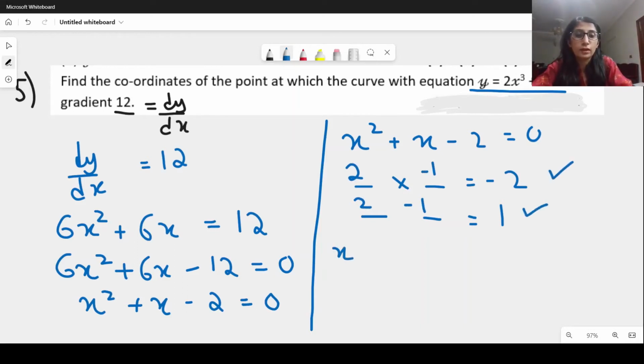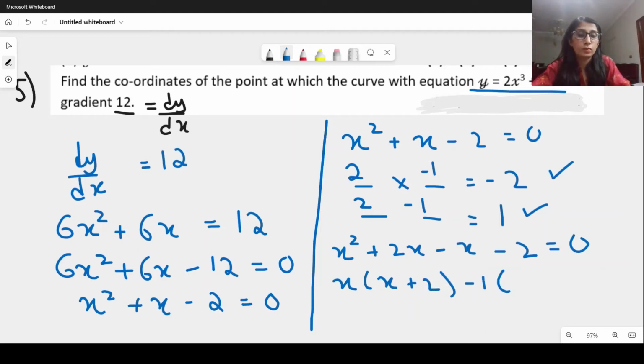So x squared, split the middle term into plus 2x minus x minus 2 is equal to 0. x is common in the first two, so x plus 2, minus 1 is common in the next two, x plus 2 equals 0. So I'm getting x minus 1 and x plus 2.